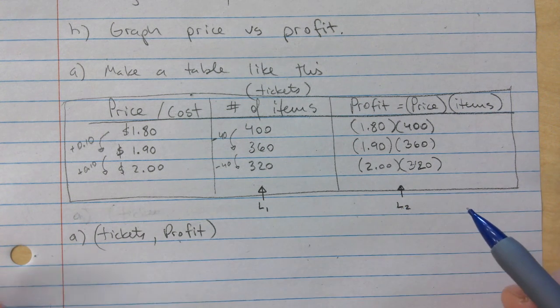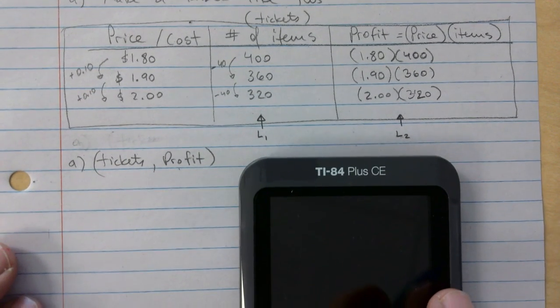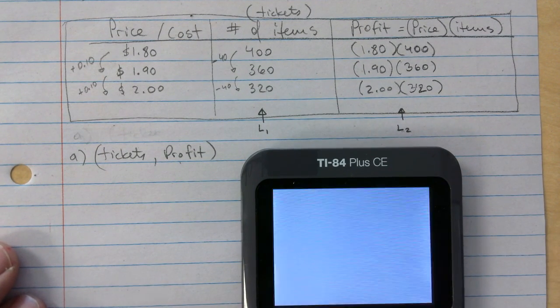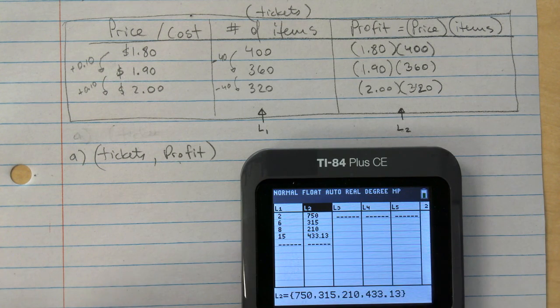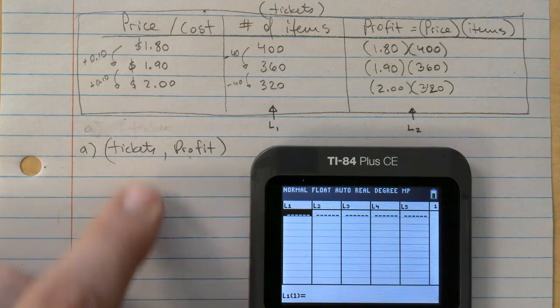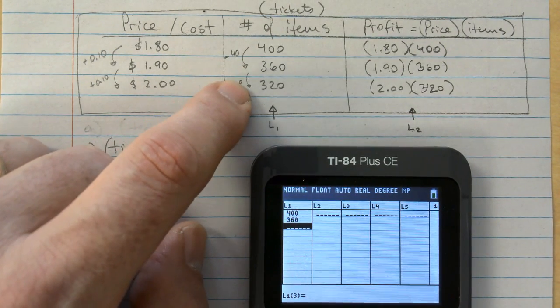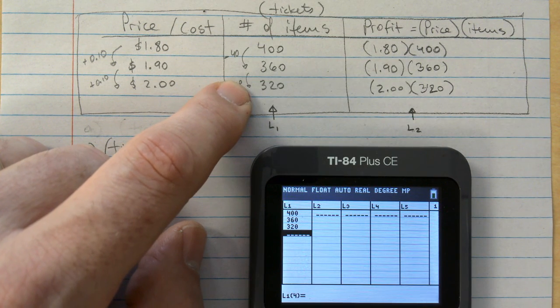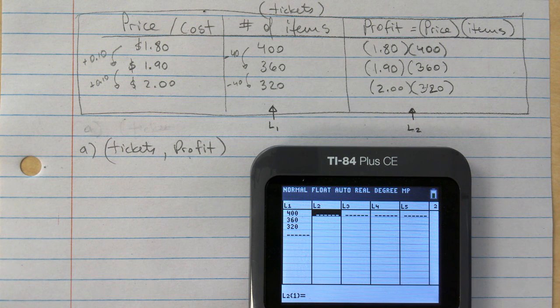So let's go ahead and do that. We're going to turn this on, go stat, edit, clear whatever is there, and we're going to go 400, 360, 320. And then on the other side, watch this carefully. This is a nice trick.